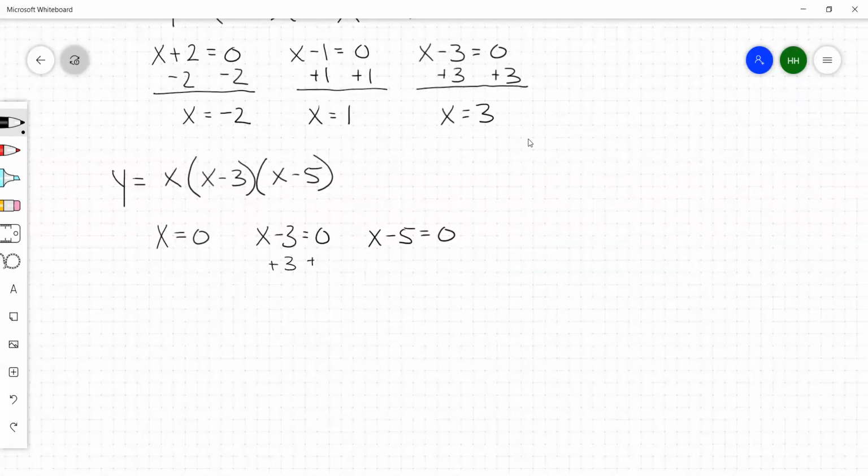Solve them. All right, so again, you have a graph that would touch the x-axis in 3 places. It would touch it at 0, +3, and +5.